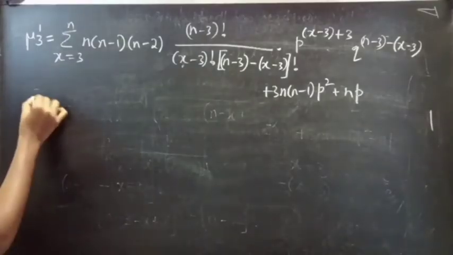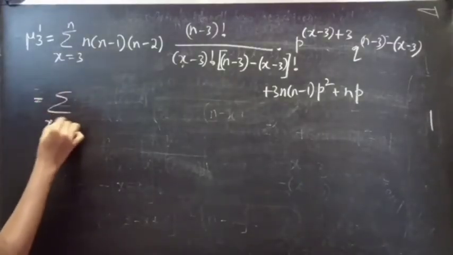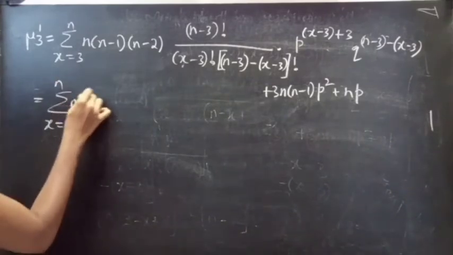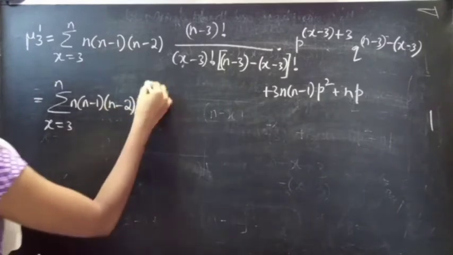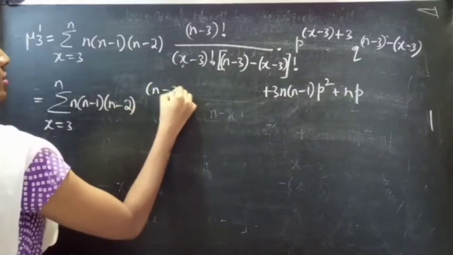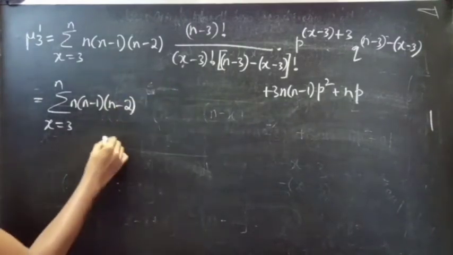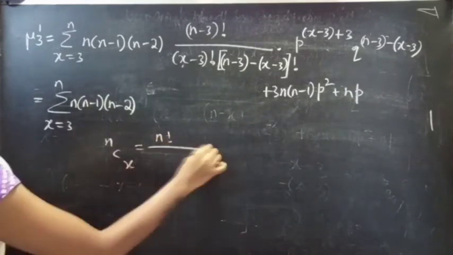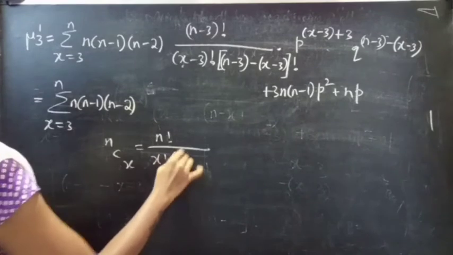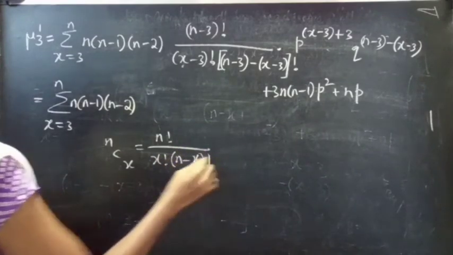So this is equals to summation x equals to 3 to n into n minus 1 into n minus 2 into n minus 3. See, you know that ncx equals to n factorial by x factorial into n minus x factorial.